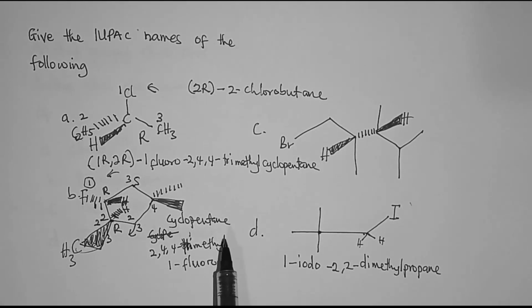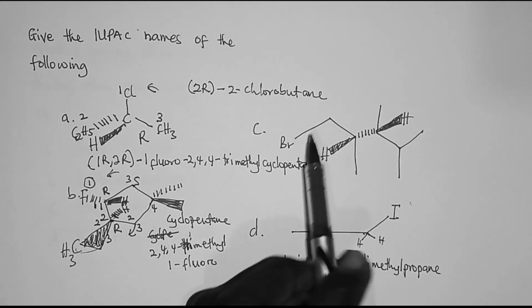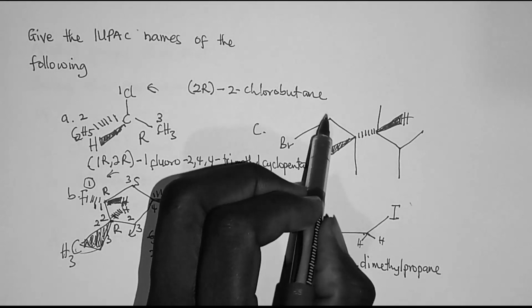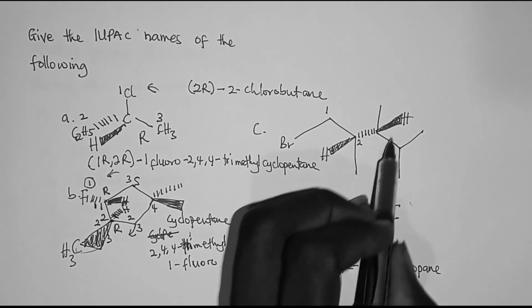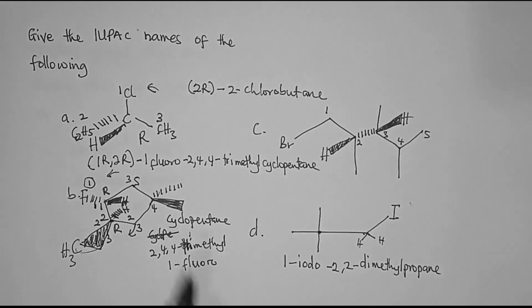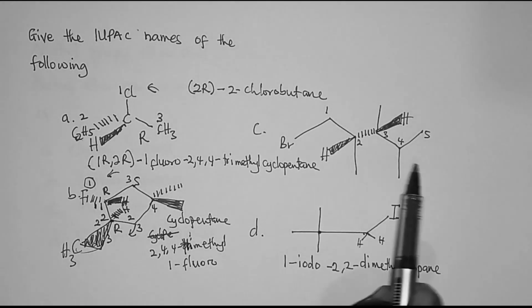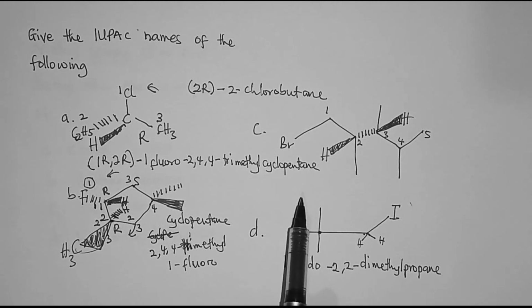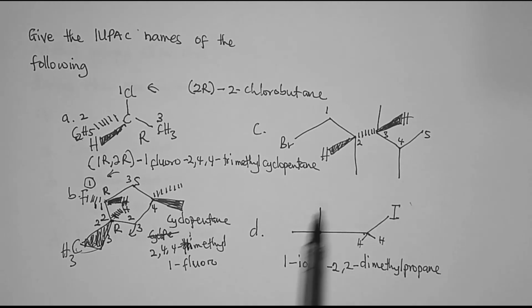So let's determine the parent chain. Starting from here, this is carbon number 1, carbon number 2, carbon number 3, number 4, and then number 5. So the parent name is a 5 carbon, which is a pentane.